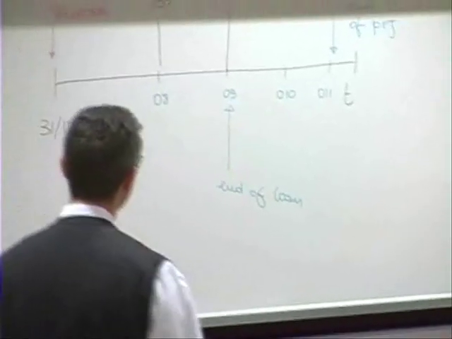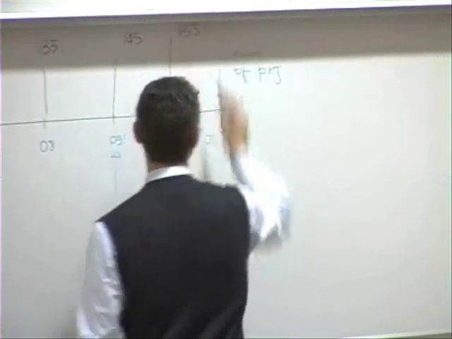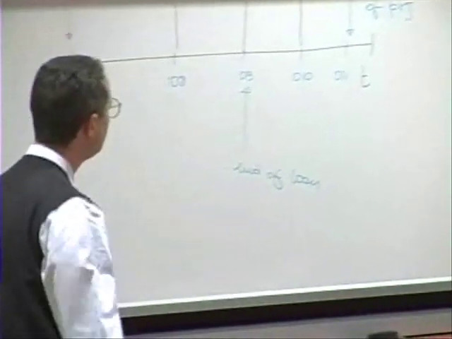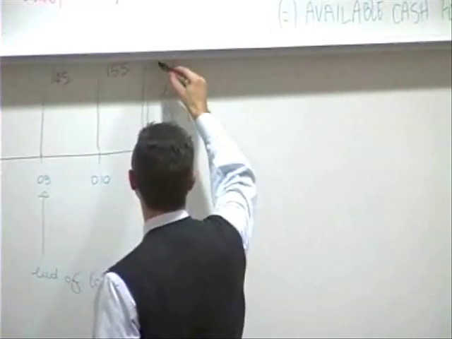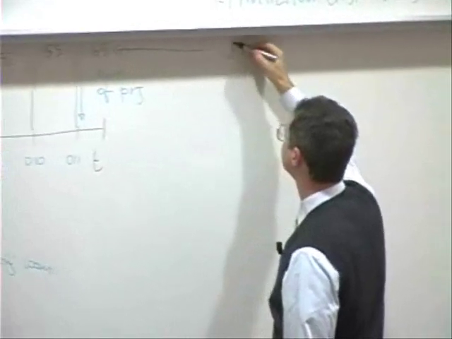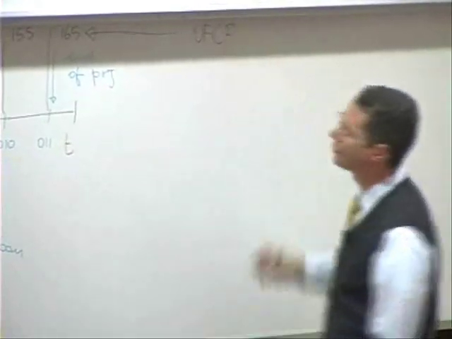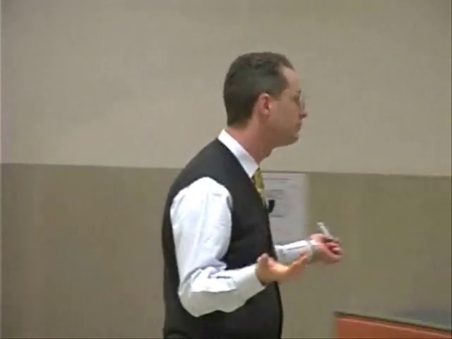In year 2010 you have 155 million euros. And in year 2011, you have the final flow of 165 million euros. These are the unlevered free cash flows that the project will be able to provide during its life. Very simple. Okay?